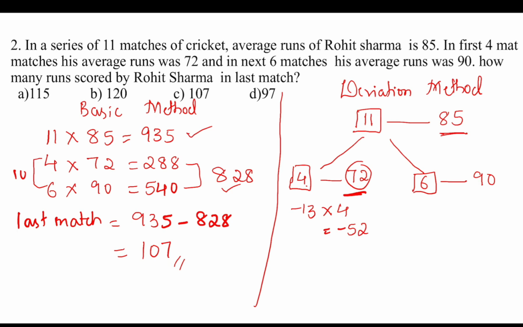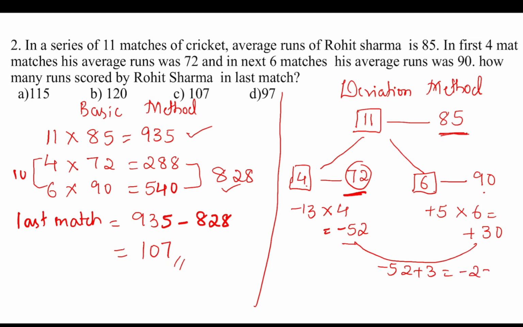Next, in next 6 matches he is scoring 90, means actually it should be 85, but he is scoring 5 more. So 5 more he is scoring in how many matches? In 6 matches. So 5 sixes is 30. That means 30 runs more he is scoring. Now how much is the deviation? Minus 52 plus 30. Deviation is how much?